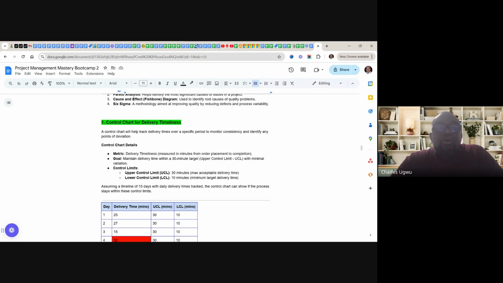We have a goal: maintain delivery time within 30 minutes. That is the upper target. We have upper targets and lower targets. Then we have control limits, what we call upper limit and lower limit. So the upper limit here is 30 minutes and the lower limit is 10 minutes.